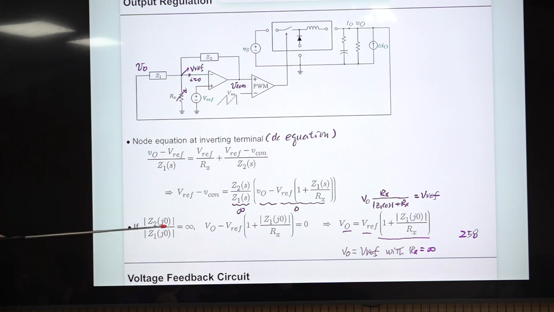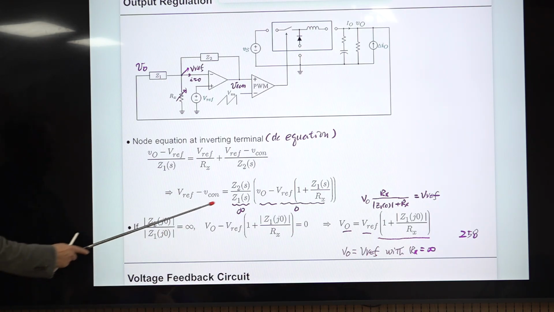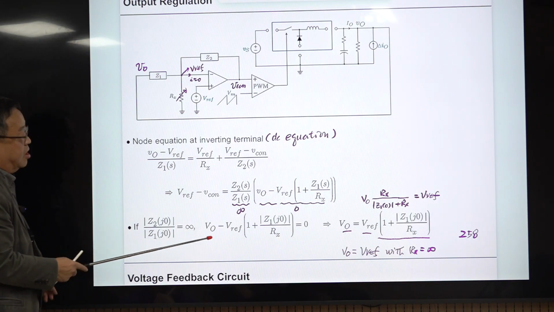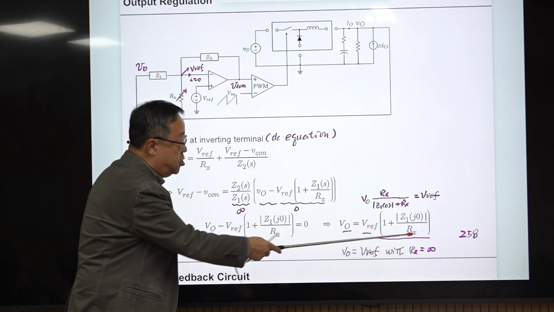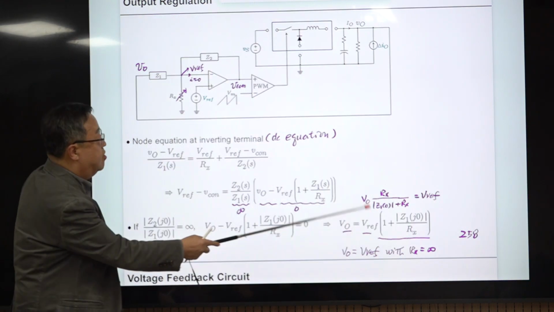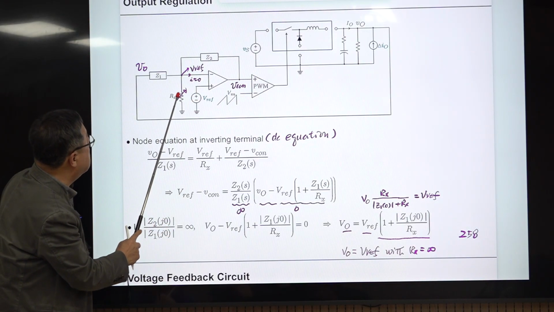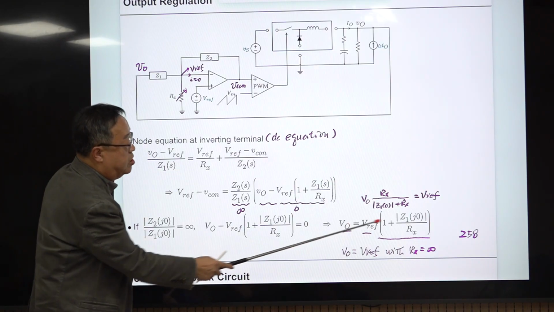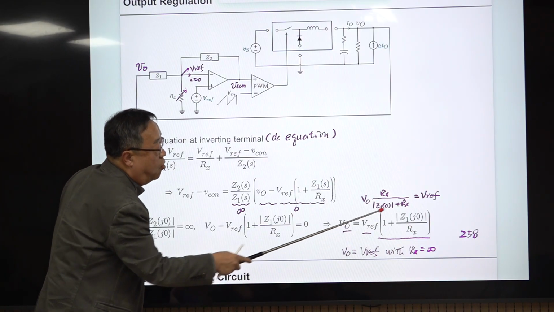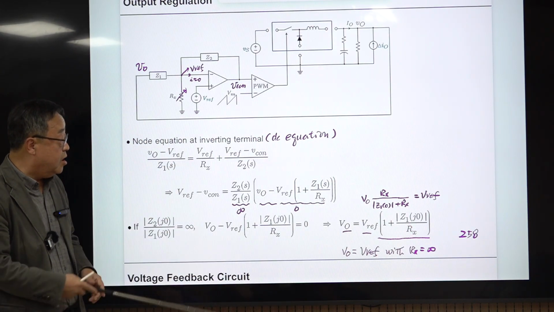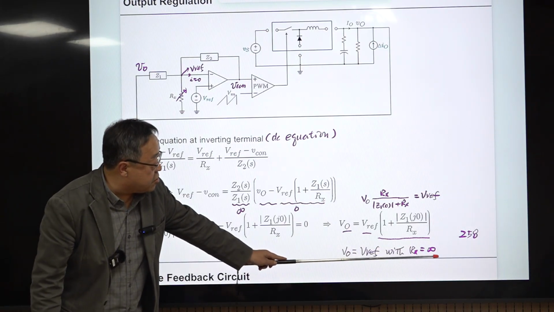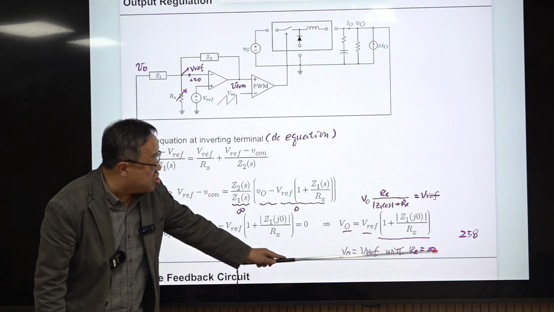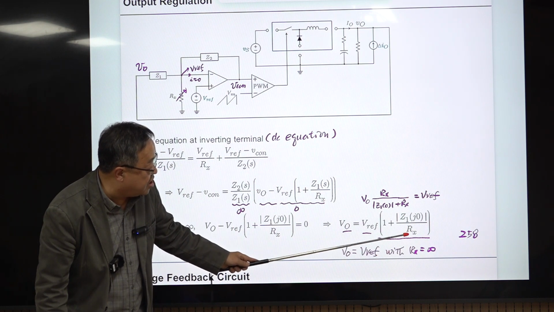If this occurs at 0 frequency, it means in the steady state this becomes 0. So in the steady state we have this relationship. When we don't use this one, then output is the same as the reference voltage. This becomes infinity, then the whole term reduces to unity. This is the description of this equation at the extreme case.